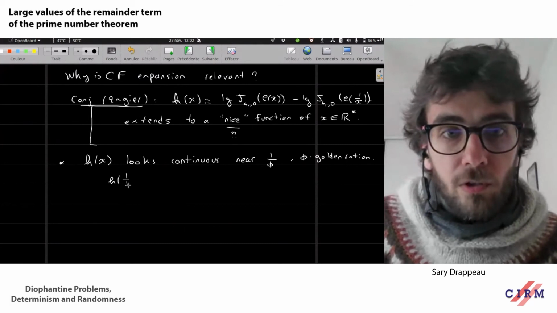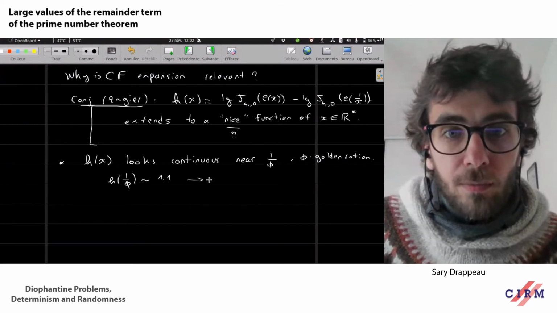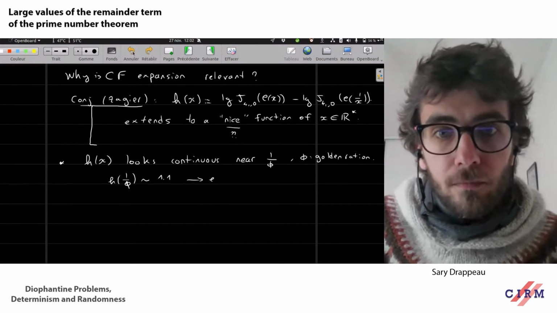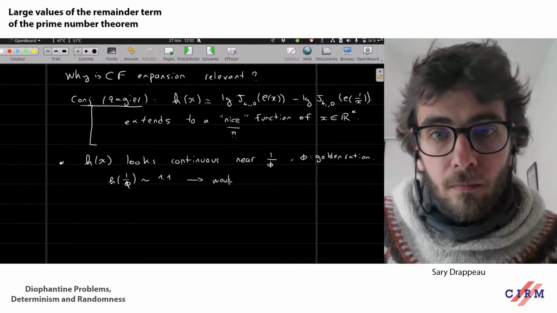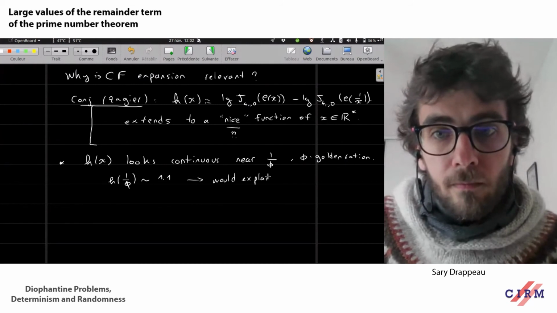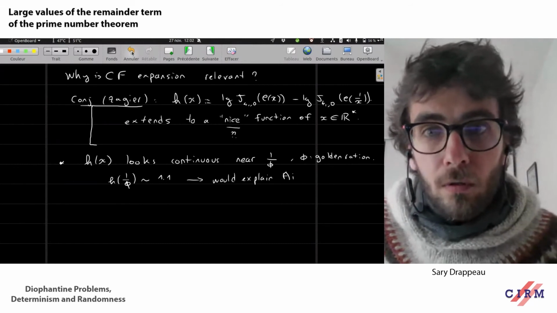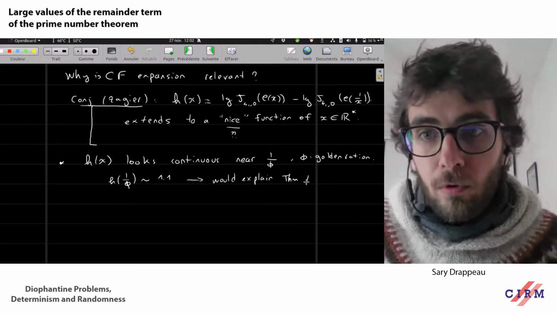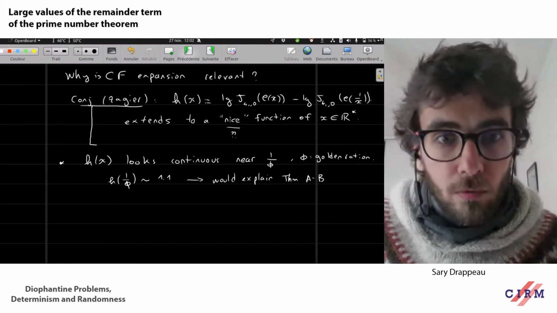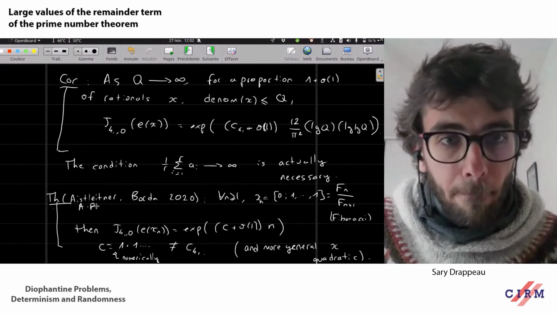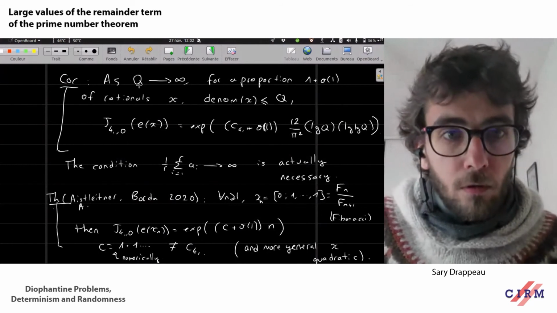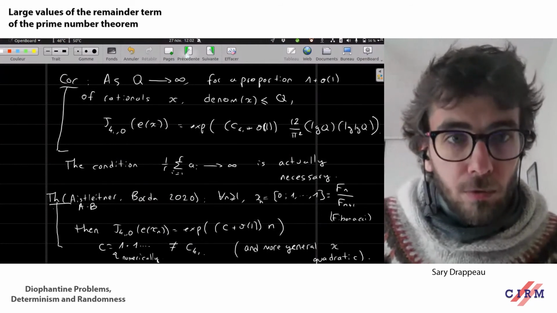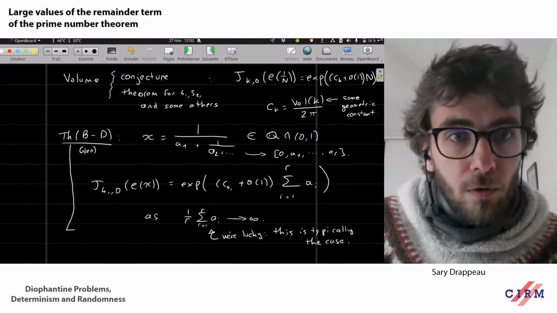And h at the golden ratio looks close to 1.1, and this would explain the theorem that I showed you before, the theorem AB. Okay. Let me call this one the generic theorem.